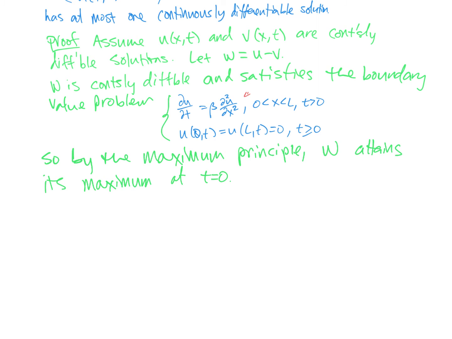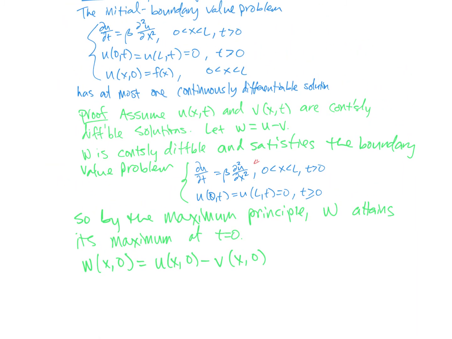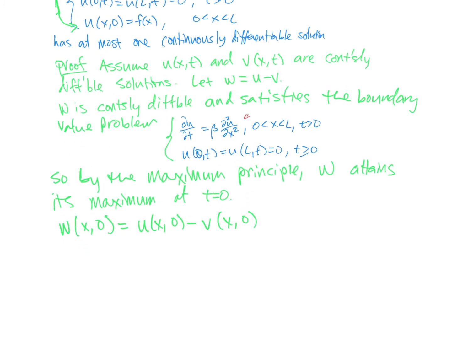So what is the initial condition of w? Well, w at x comma 0 is going to equal u at x comma 0 minus v at x comma 0. And u and v are both solutions to this problem up here, where we're given our initial condition. So u of x,0 is f, and so is v of x,0.